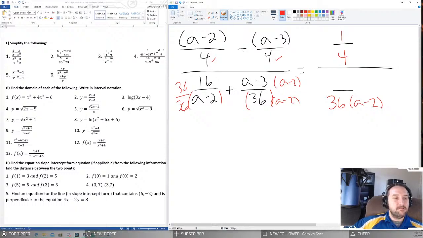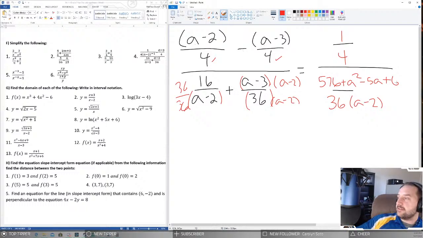The top part, I actually have to get out the calculator. 36 times 16 gives me 576. And then here, this a minus 3 and this a minus 2 multiply together. So plus, and that's going to give me a squared minus 3a minus 2a, so minus 5a, and then plus 6.